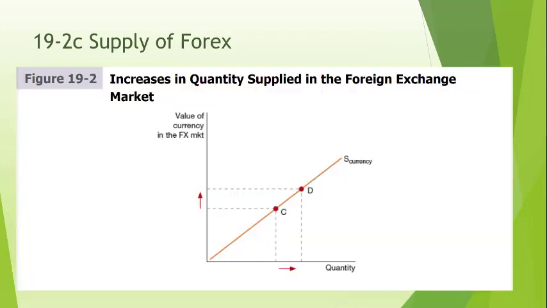Here we have the supply curve. You can see the 2 points there, C and D, with the movement along the supply curve, meaning that as the value of the US dollar rises in the forex market, more people will want to sell dollars.